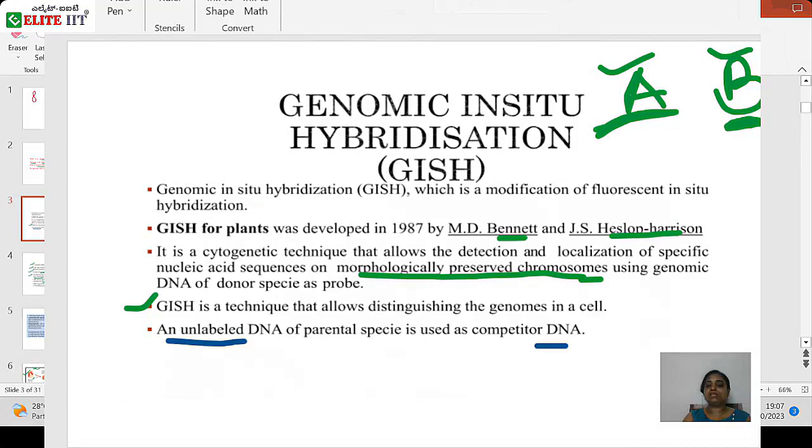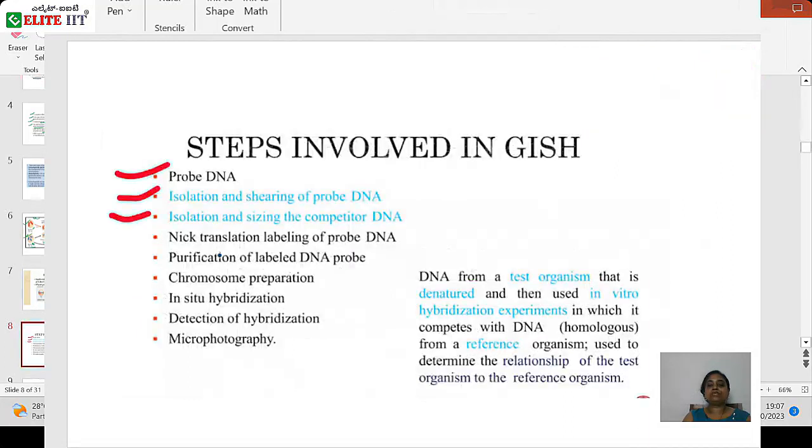In the FISH method, we are not generally using unlabeled DNA of the parental species, but in the GISH method, we are using it. Now, nick translation labeling of the probe DNA. I already discussed that you are removing a few nucleotides by DNase treatment, and then you can label it with biotin if you are using the indirect method.